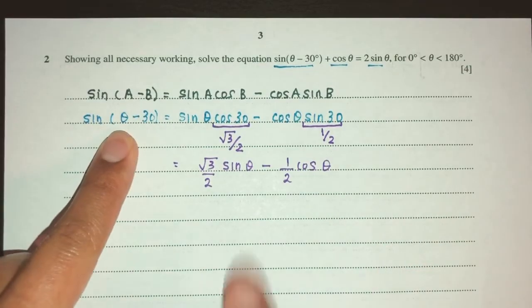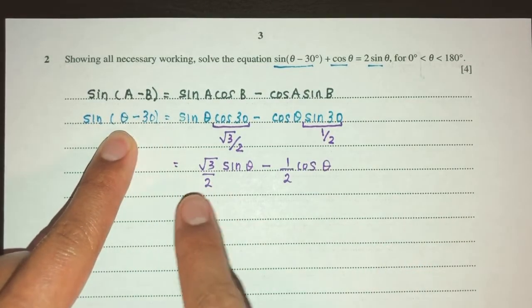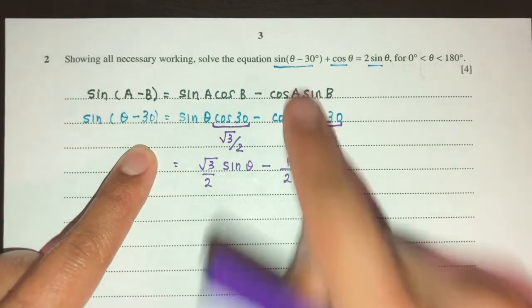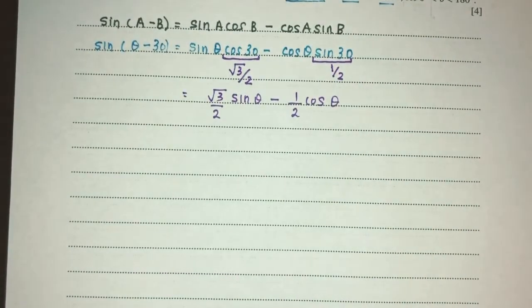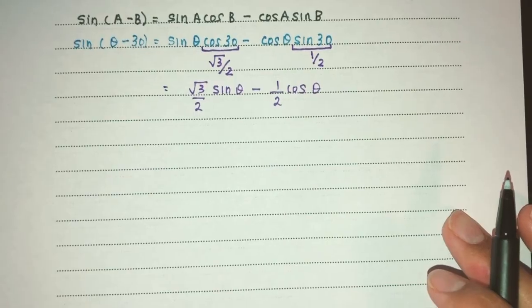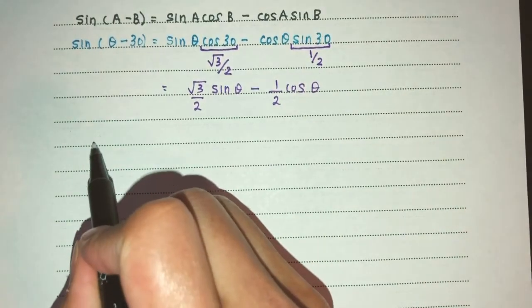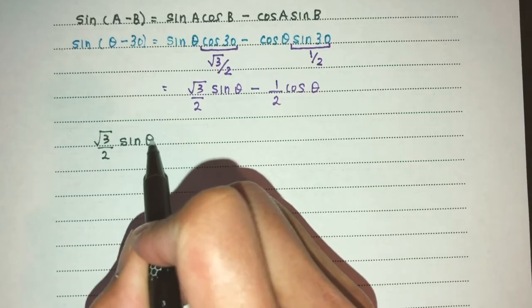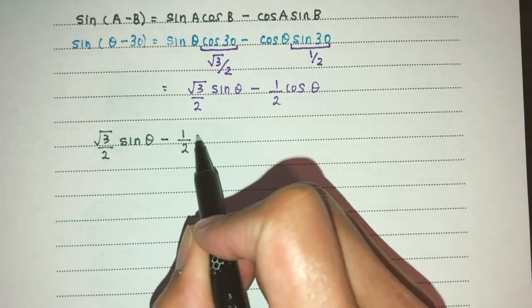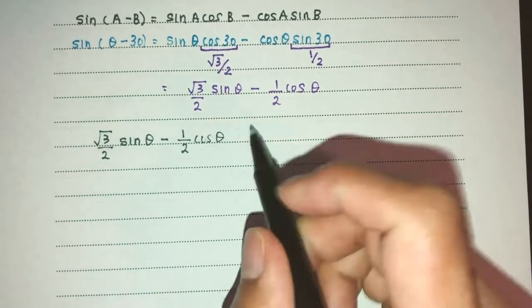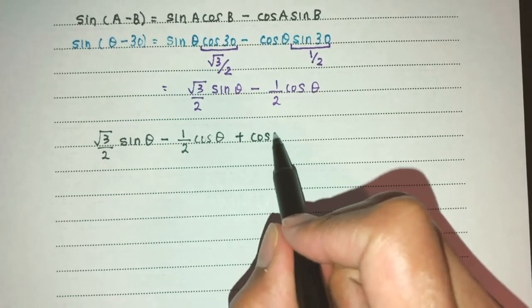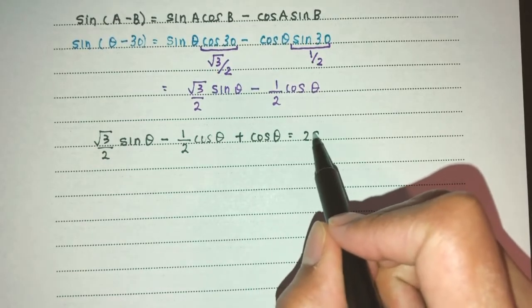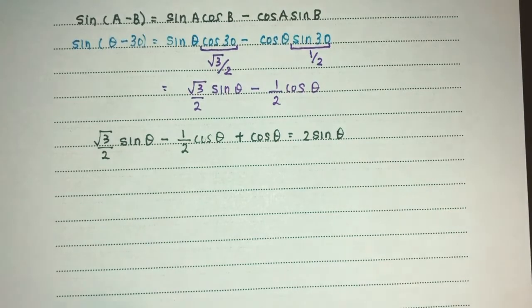We just have to replace this back in your equation. Let's replace one by one: root 3 over 2 sine of theta minus half cos of theta, then plus cos of theta equal to 2 sine of theta.